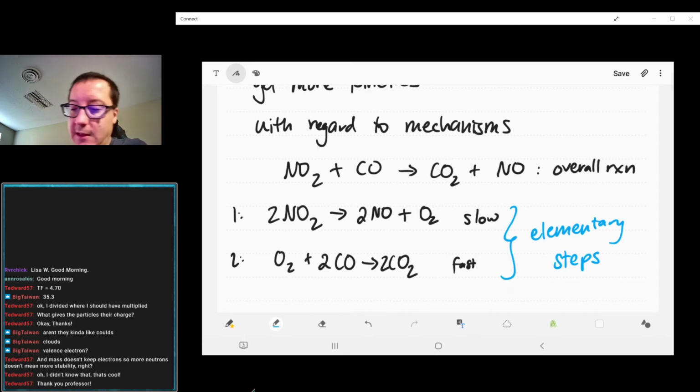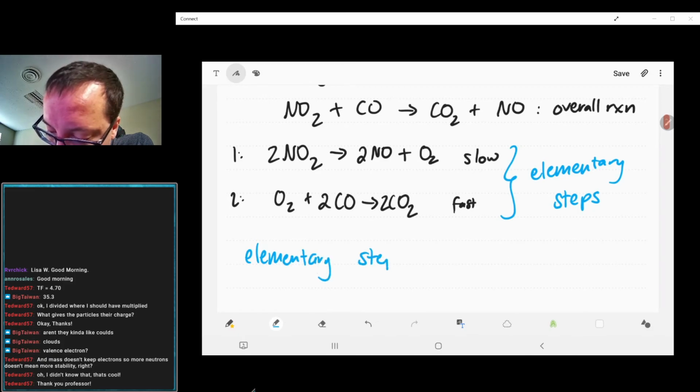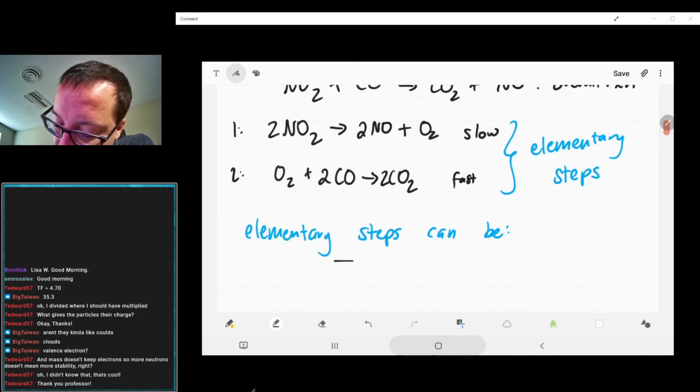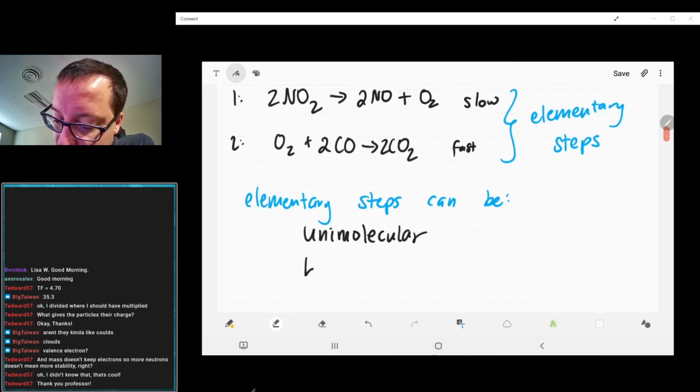And we're going to see that elementary steps can be one of 3 things. They can be unimolecular, bimolecular, or termolecular.